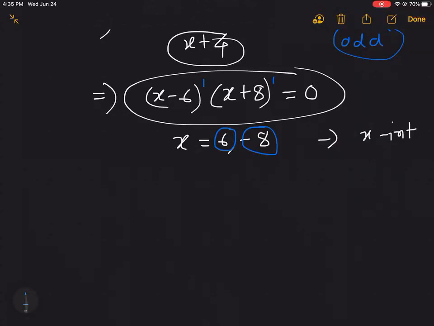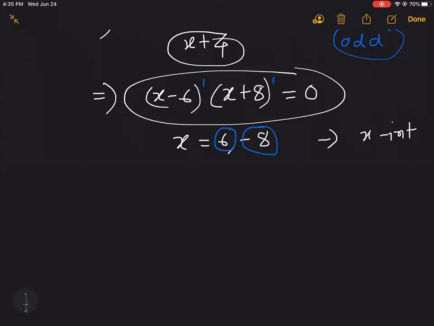One additional word or one less word in the question might change the entire answer, might change the entire scenario. So if you are keeping an eye on that, the question will be, I'll not say really easy, but it will be easy, definitely.